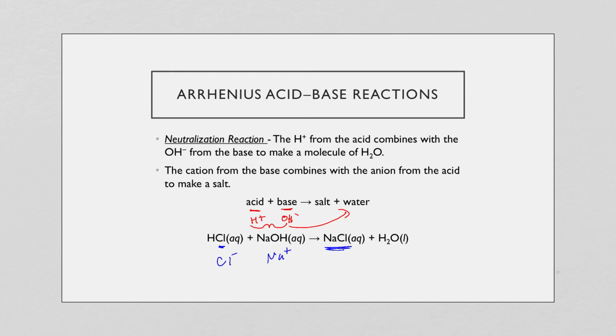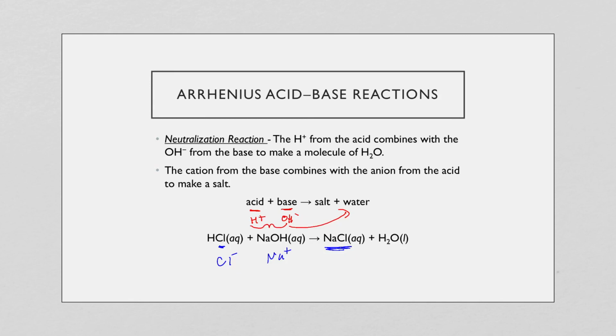Now, almost always this ionic compound is soluble, and so the ions don't actually combine, they're just floating around in the solution. But again, in chemical reactions, we draw them as a species that is aqueous. So this implies that those ions are separated and floating around in solution.